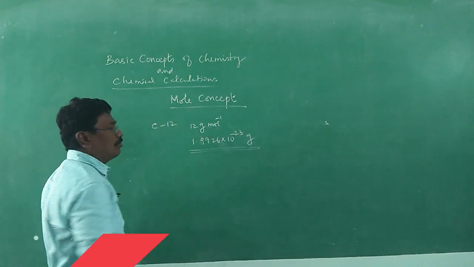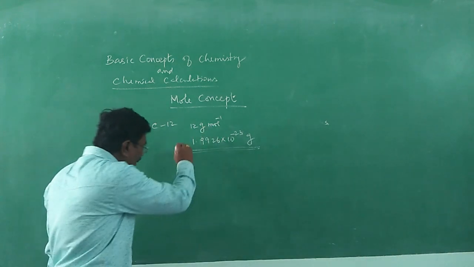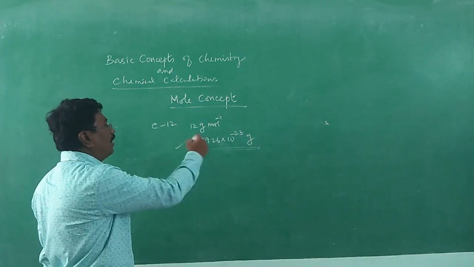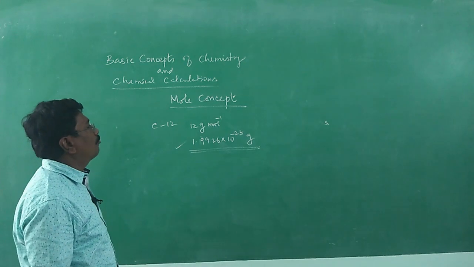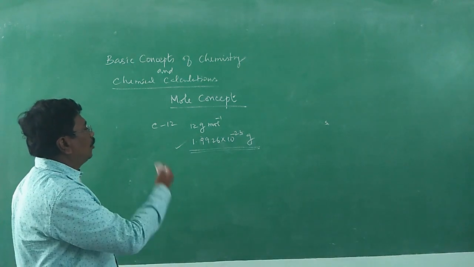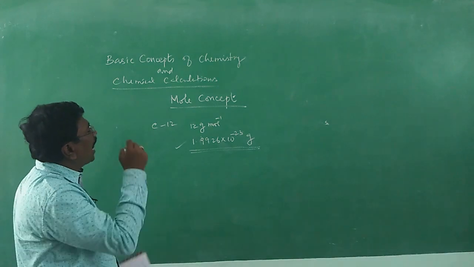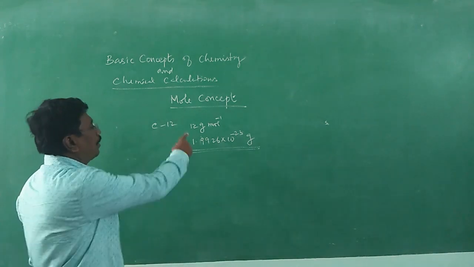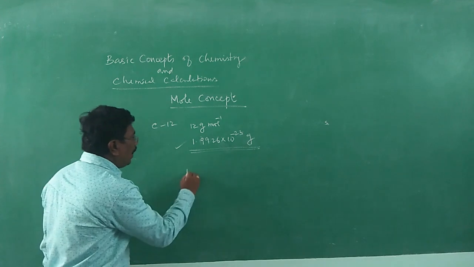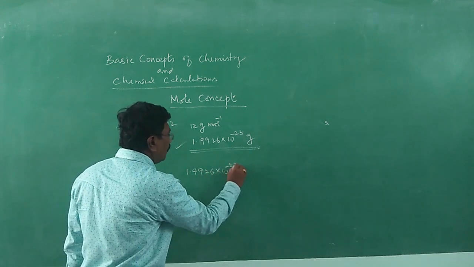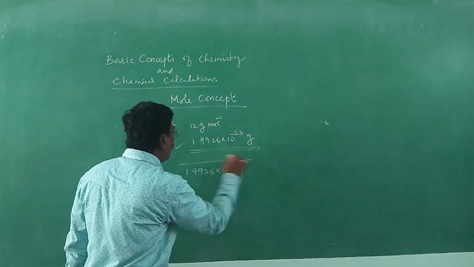Therefore, 1 atom will naturally have this. They have weighed. 1 atom of carbon is found to be 1.9926 in 10 power minus 23 gram. That is the mass of 1 atom of carbon, right? Now, how many atoms are present in 12 gram? So, 1.9926 into 10 power minus 23 gram corresponds to 1 atom.